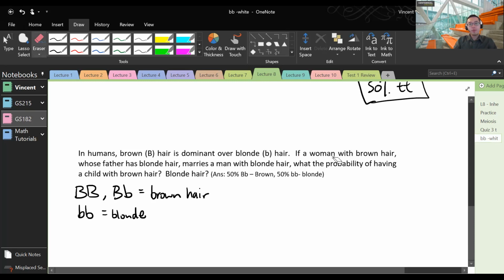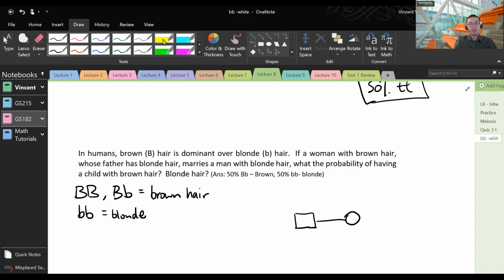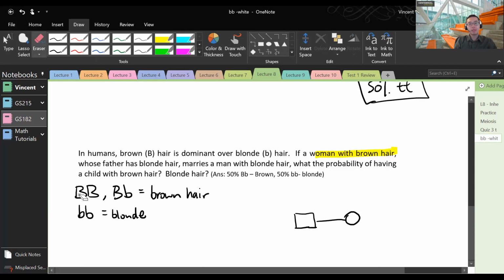Okay, so if a woman with brown hair, whose father has blonde hair, marries a man with blonde hair. So that is a lot of information all jammed up in one sentence. Maybe we'll do a little pedigree here. Okay, so this woman with brown hair. Brown hair is either big B, or big B, small b. So we'll put a big B, and we don't know what the other one is yet.